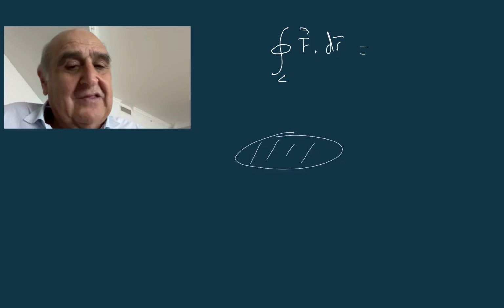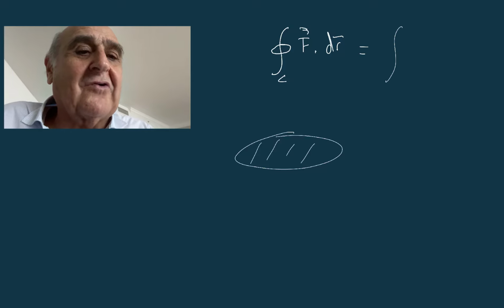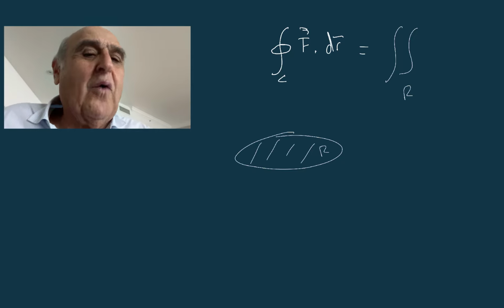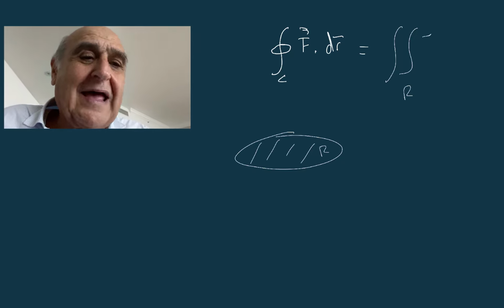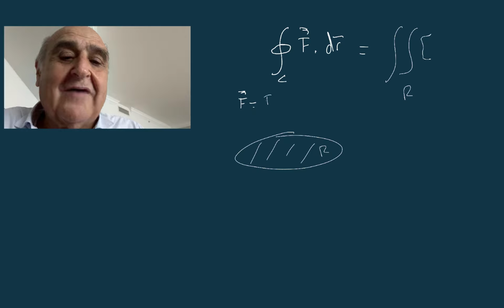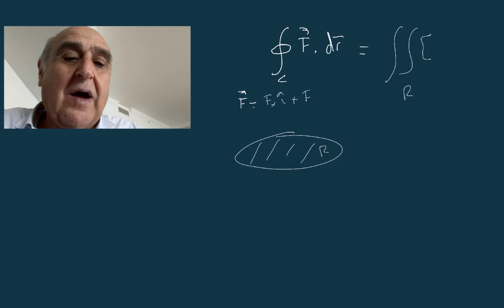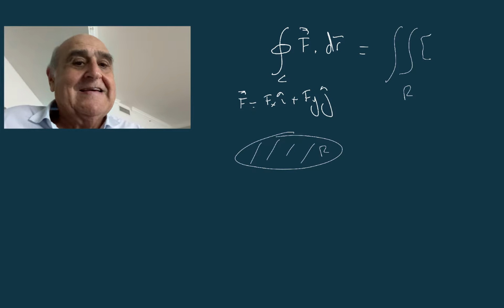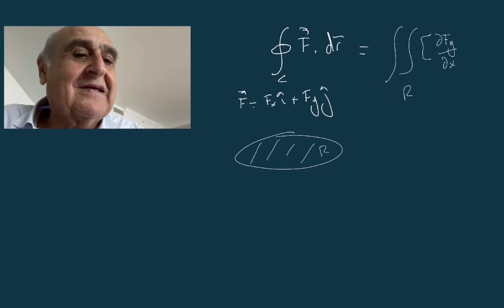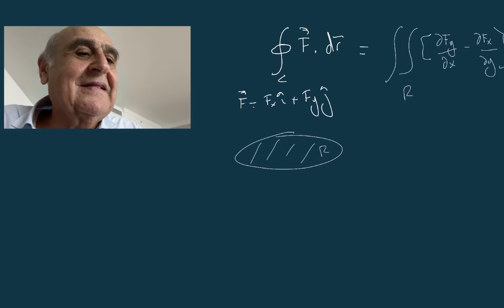The connection is that you connect a line integral with a double integral over the region R, not of F, which has two components, Fx i plus Fy j, but of the derivative of Fy with respect to x minus the derivative of Fx with respect to y, dx dy.